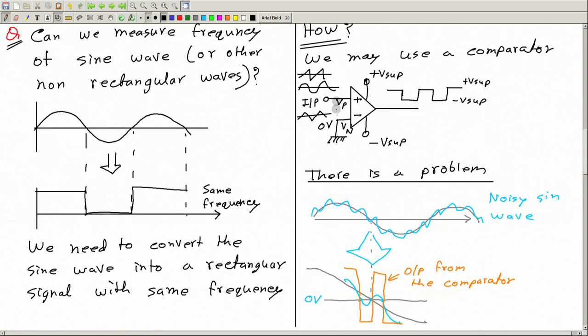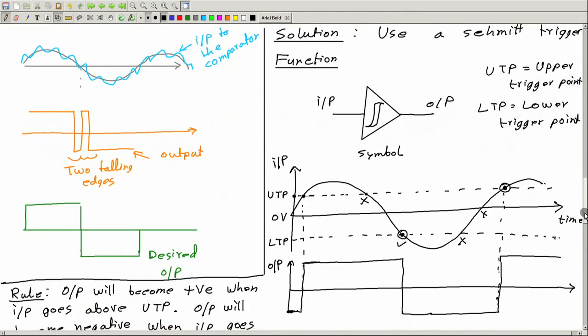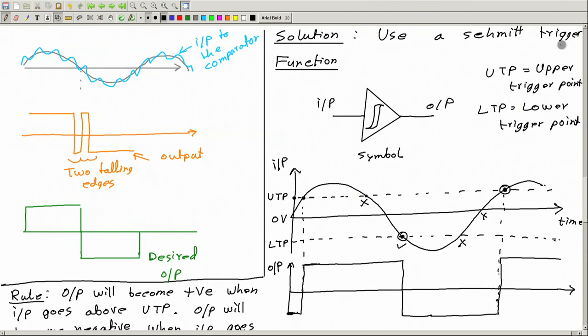And we have seen we can use a comparator, fine, no problem, but if the input is noisy like this, then we run into problem, because we get false edges, wrong edges. And then we said we can solve this problem using a Schmitt trigger. Now let me just tell you how this Schmitt trigger solves the problem.